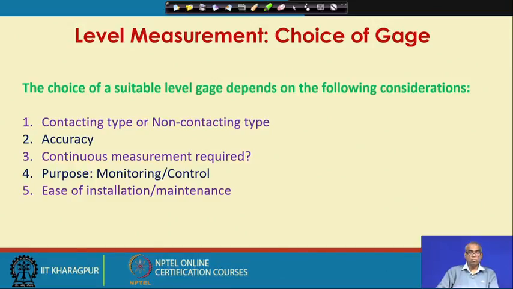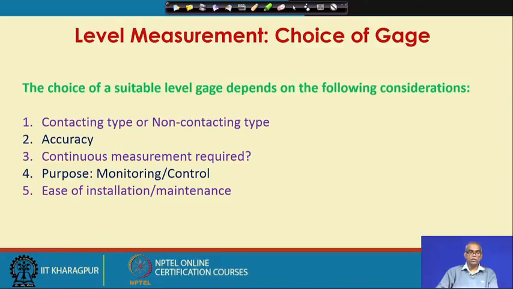What is the purpose of the liquid level measurement? Is it only an indication of the level is required for monitoring purpose, or it is required for the purpose of control? If it is required for the purpose of process control, the level transmitters which give me the information about the level as an electrical signal or pneumatic signal will be more useful.